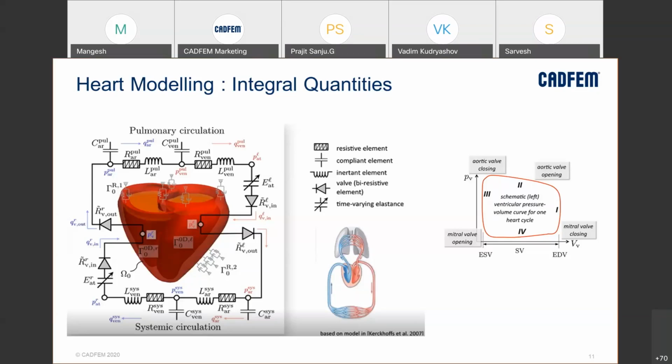We are not modeling those valves, but instead we are generating a network. This network is nothing but the overall flow network, across which or against which this heart is supposed to work.